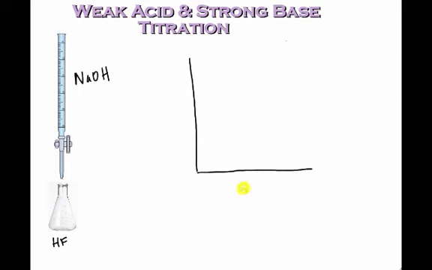Okay, so if we have the volume of the sodium hydroxide being added here and my pH here, it's going to look kind of like the same curve that I had. It's going to have this distinct curve here, going up and then going like this. Okay? Now, when we look at this curve, a number of things are going to happen along this titration curve. A couple key points.